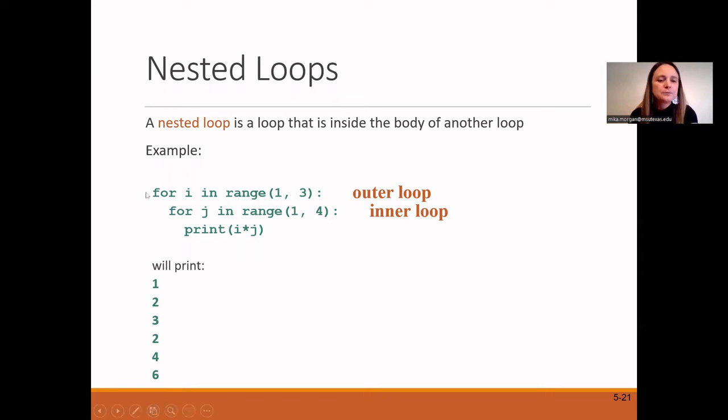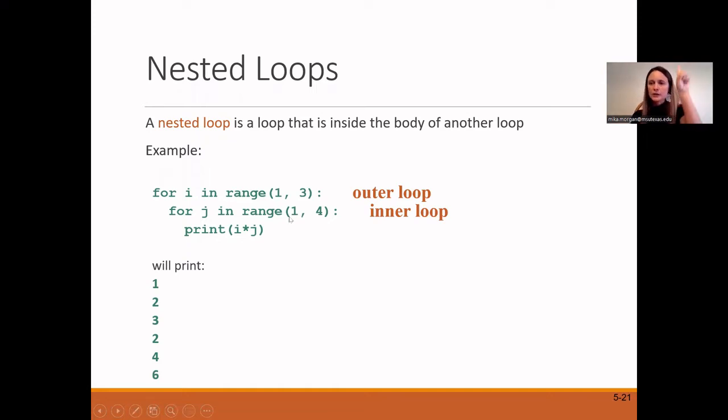So the very first time we come through the code, I is going to equal 1. So right now I equals 1 for this whole entire cycle of J that we're about to do. So I is 1, we come into the inner loop, J is going to start at 1.